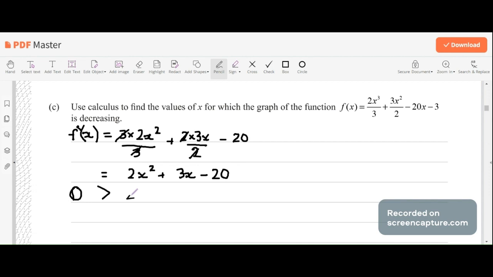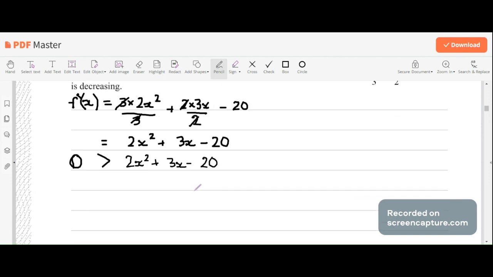So we have 2x squared plus 3x minus 20. Okay. Now we need to factorize. So we're going to have negative 40, and then we need to find two numbers that multiply to negative 40 and add to 3. So 5 and 8.